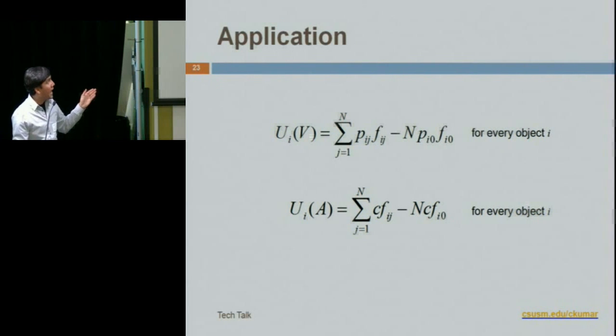Similarly, from the advertiser's perspective, we said let the objective function be total ads maximization. So all the advertiser wants is greater click-through, greater ad views for the ad.